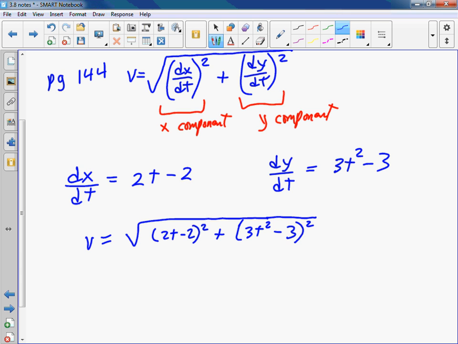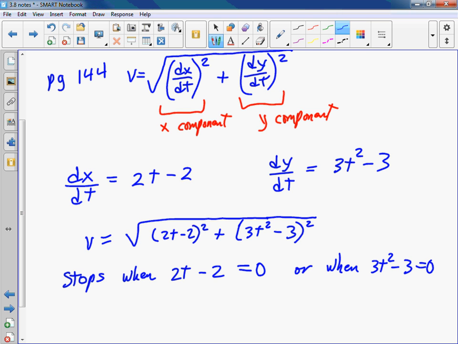And we can say that the particle will stop when 2t minus 2 equals 0, because obviously if 2t minus 2 equals 0, then its square is 0, or when 3t squared minus 3 equals 0, for the same reason.